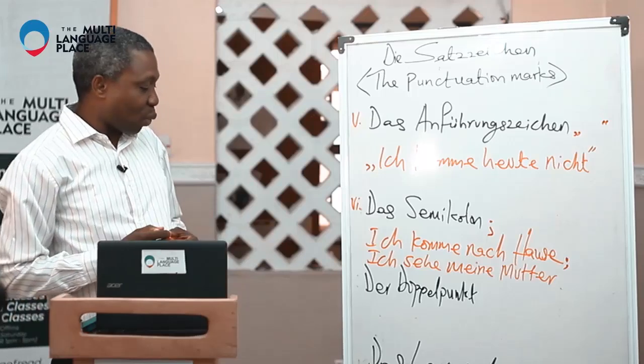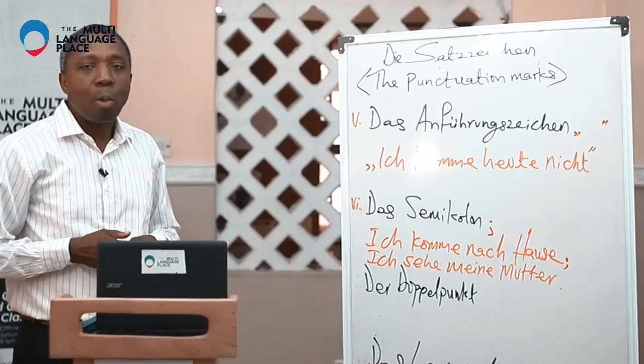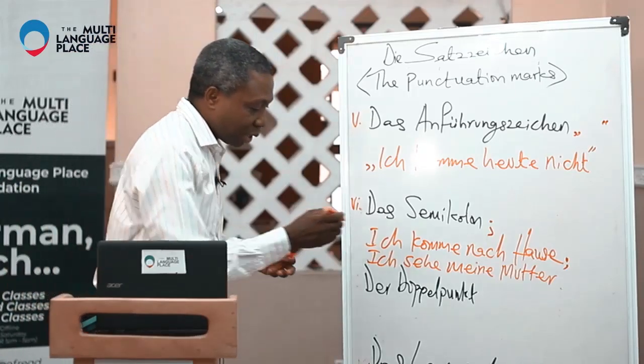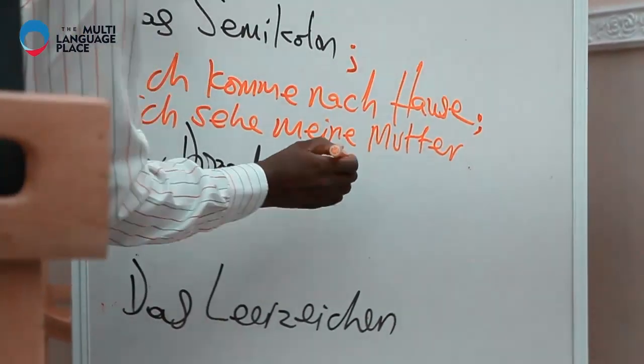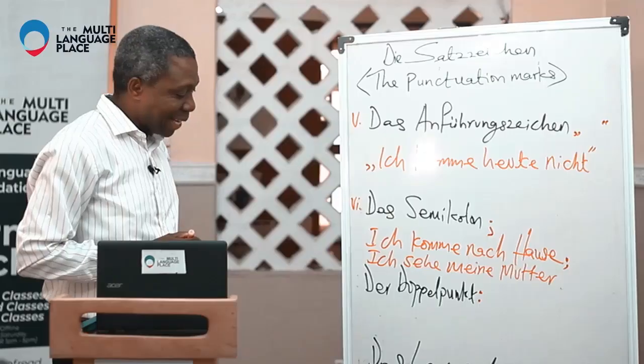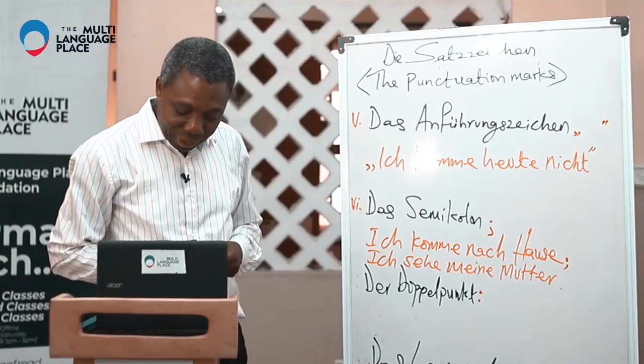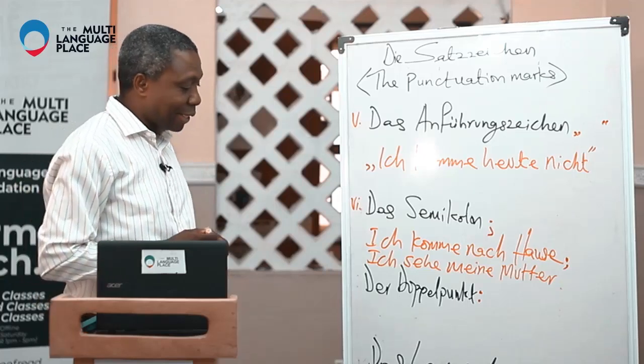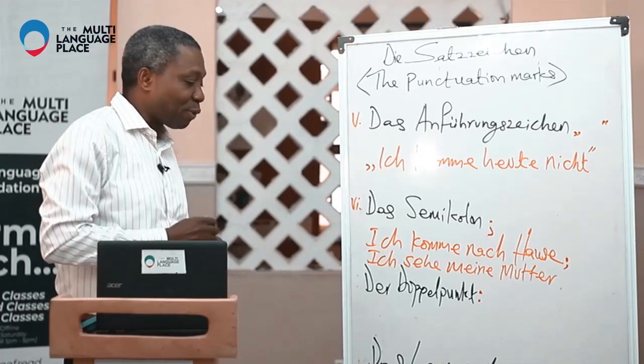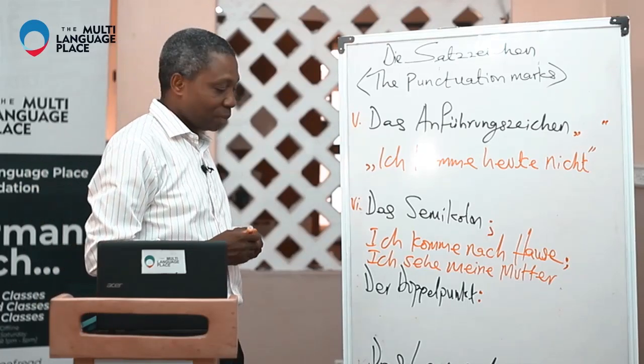And then we come to the next one, der Doppelpunkt. Der Doppelpunkt is what we call colon. And this we put before we begin to itemize some things.